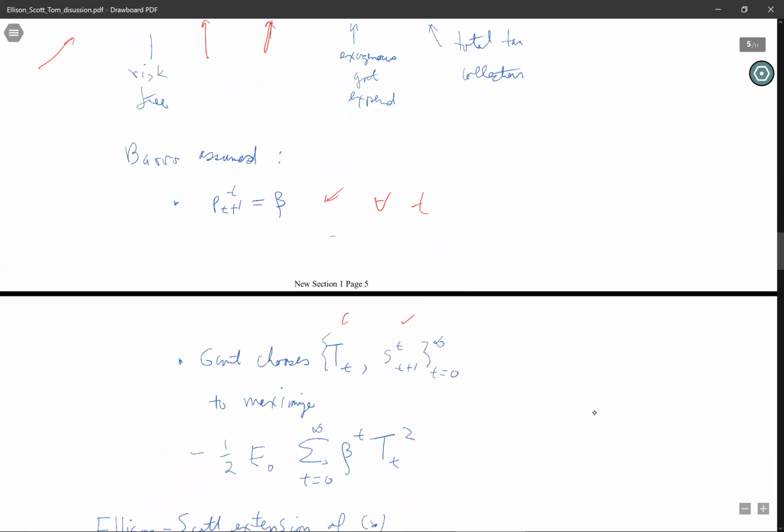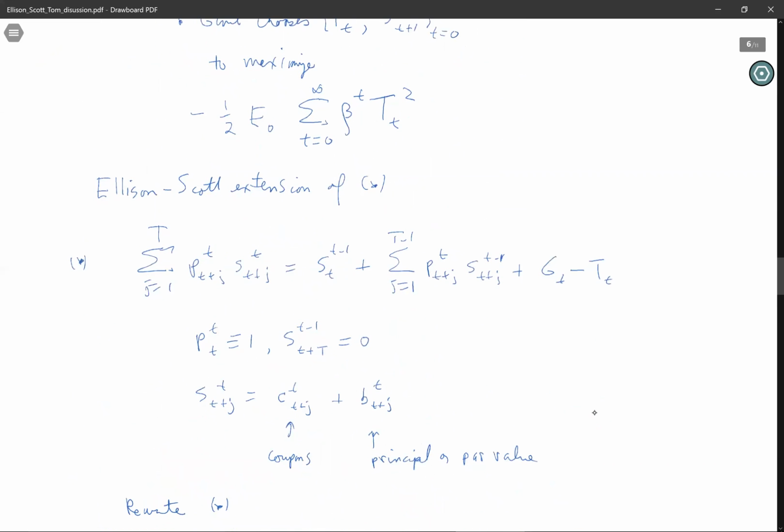Let's get Ellison and Scott's extension. They're going to write it like this because they have many more maturities. Last period, at time t, the government had issued bonds whose coupons and principals gave rise to sequences of promises, this particular sequence of promises. Today's Arrow-Hicks price of that sequence is that.